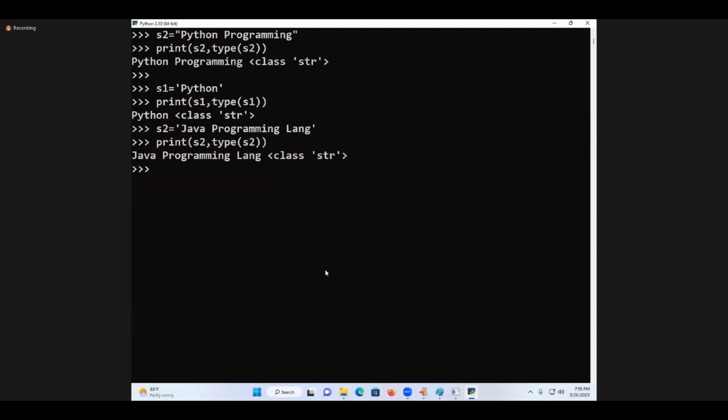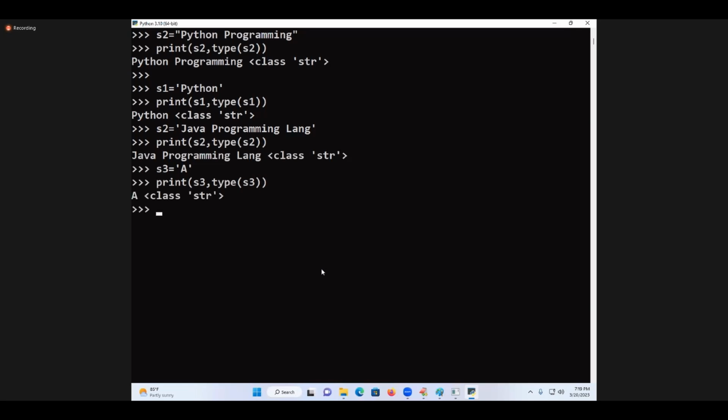Right. Take care. s3 is equal to single quote a, single quote. What is this? Char? A single letter. Even though it is a single letter, it is not treated as a char data type. It is still str only.